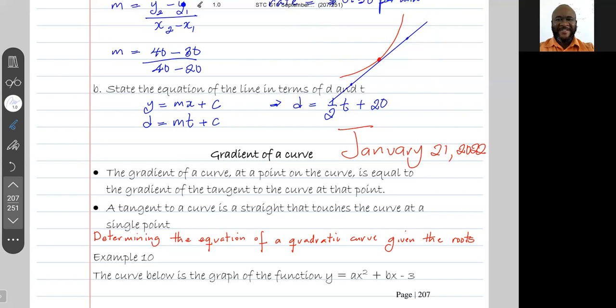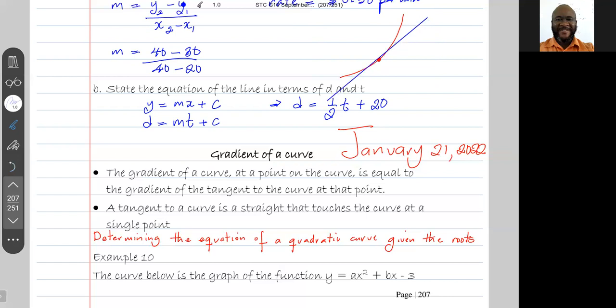And then once I know the gradient of the tangent, I know the gradient of the curve because the gradient of the curve at that point is equal to the gradient of the tangent at that point. I think what I just said sounded very circular. All right, but if you think about it, it actually makes sense.